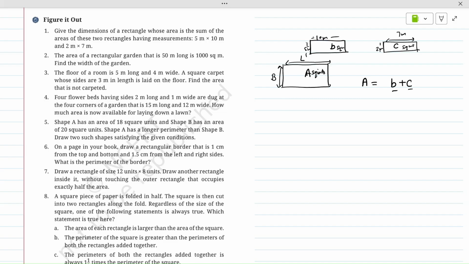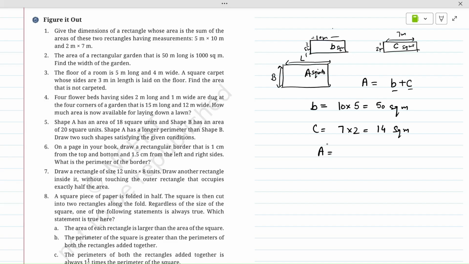So first of all, let's find out the areas of these two. For the first rectangle, the area is B. It is the product of length and width, that is 10 into 5, which is equal to 50 square meters. Coming to the other one, the dimensions are 7 into 2, that is 14 square meters. So what will be the area of the bigger rectangle?